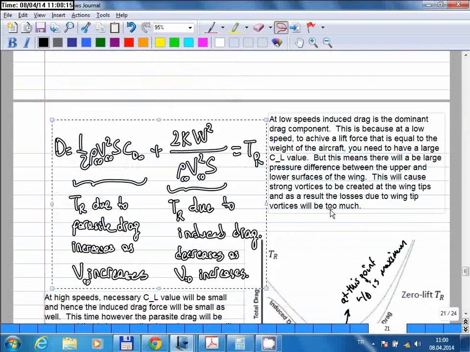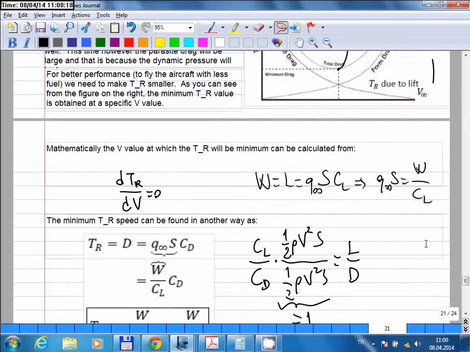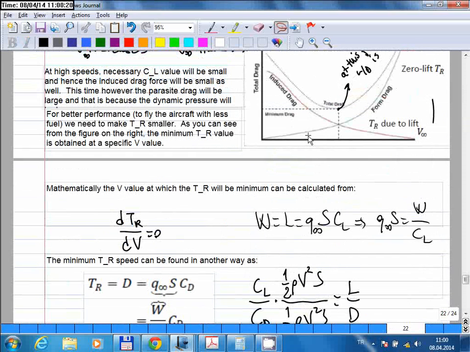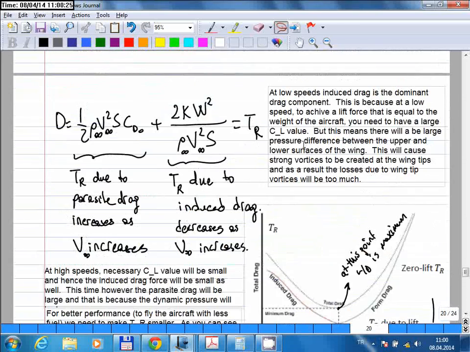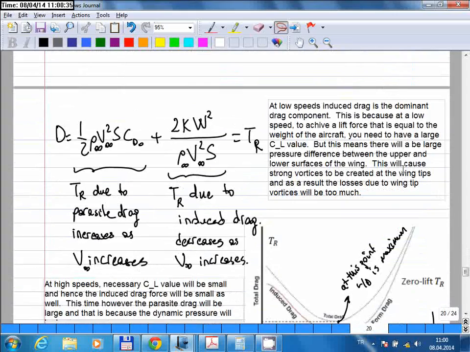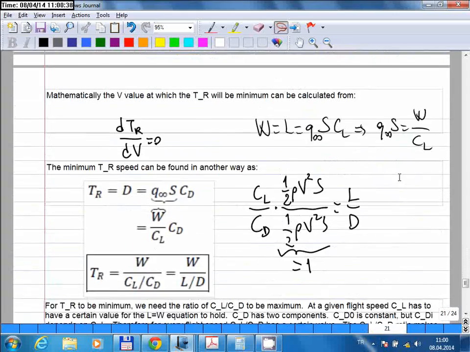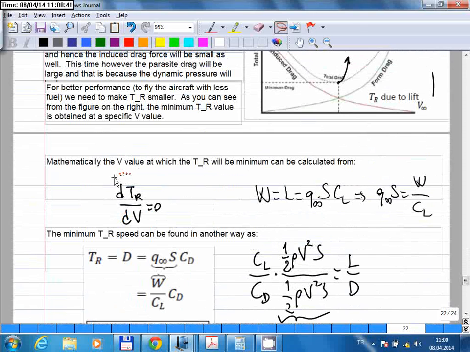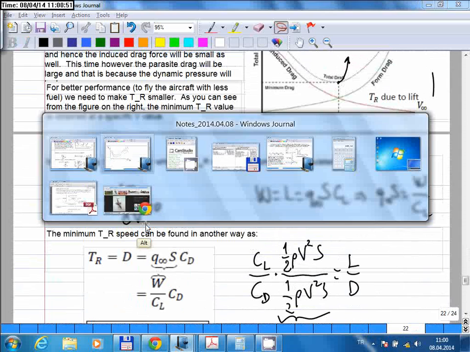So where are we? So anyway, this point is a very important point because from the graph you can see that this is like the best point, right? At that point the thrust force you require is the minimum. And if you want to find out where that point corresponds to, again, you can go back to the equation and you can analytically find the minimum point of that curve by taking the derivative with respect to the speed.